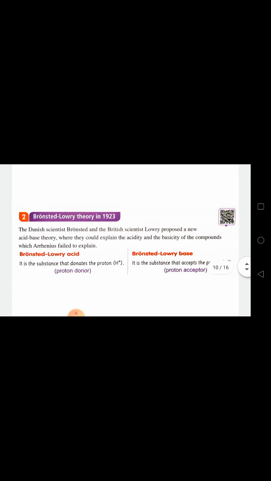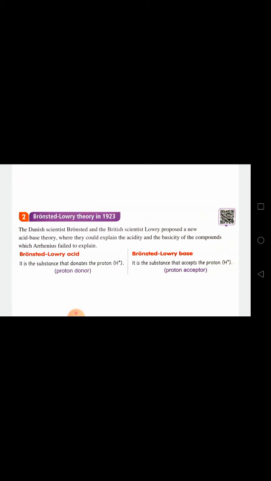Also, some compounds like ammonia don't contain a source of hydroxide ions, but they dissolve in water, giving an aqueous basic solution.